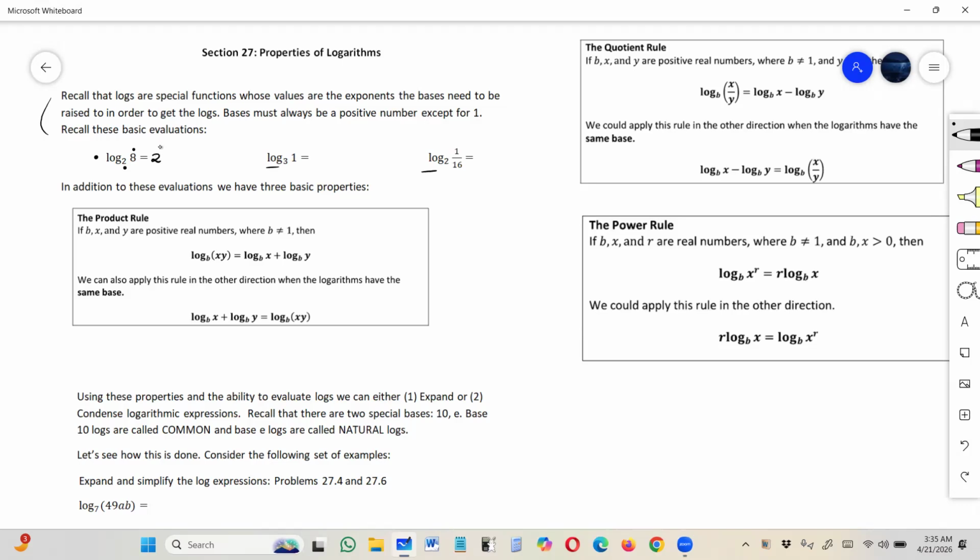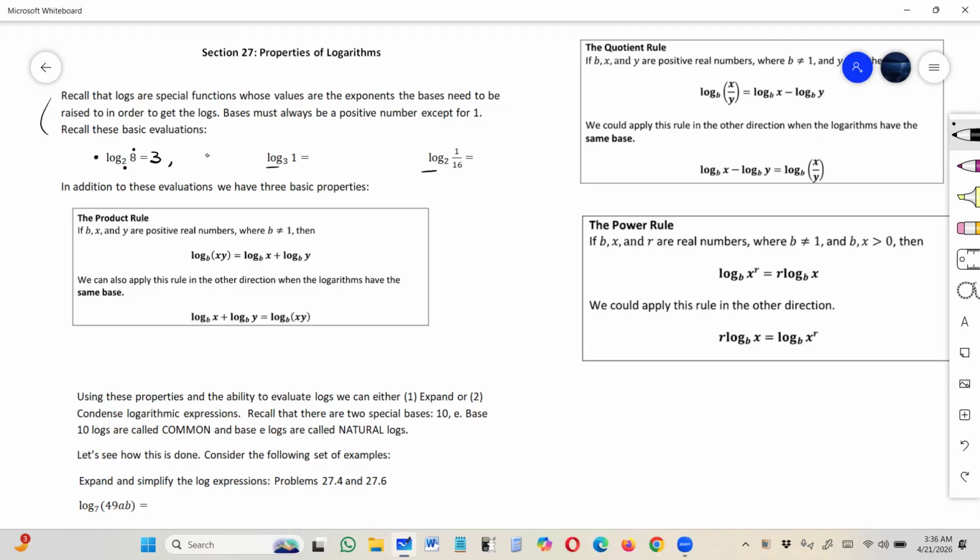So the question can be translated into this: what number can you raise 2 to in order to get 8? Obviously that answer is 3, because 2 to the third power is 8.